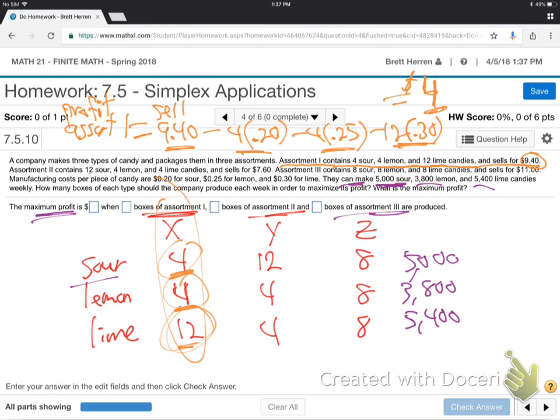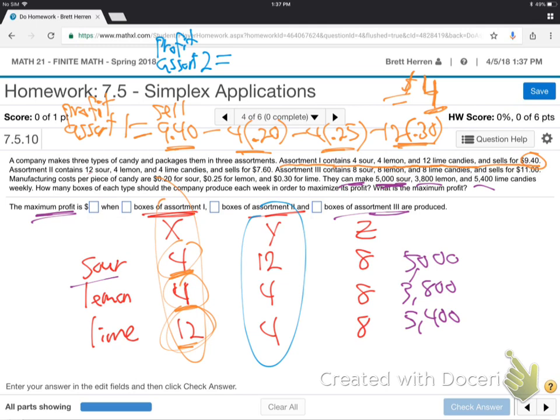Okay, so the profit for assortment 1 is $4. Now we've got to do this whole calculation for assortment 2 and for assortment 3. So the profit for assortment 2, what's it going to be? Assortment 2 is the one in the middle here.